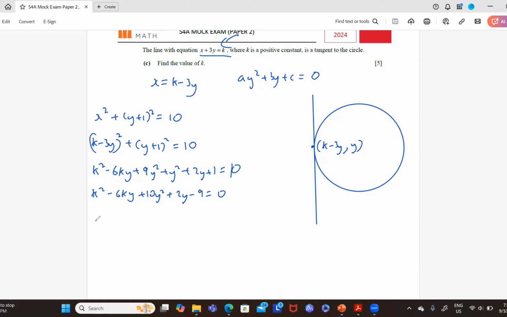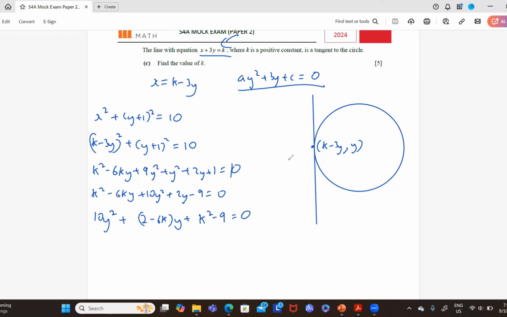So from here, try and simplify it, write it in this format here. So it's 10y squared plus 2y minus 6ky, right? So you can factorize y out, and it's just 2 minus 6k. Put the y, then you put the constant, k squared minus 9 equals to 0.